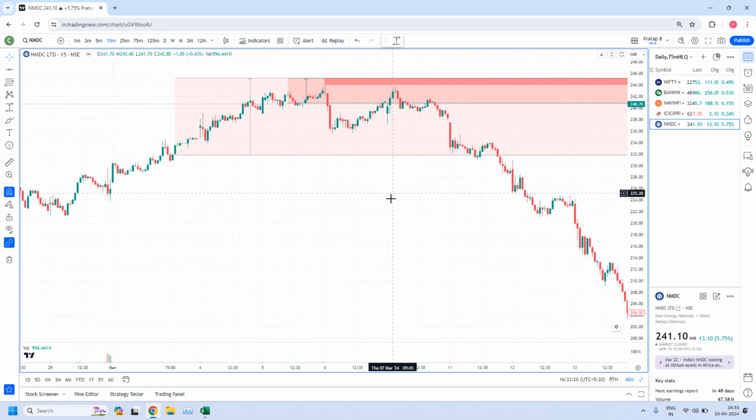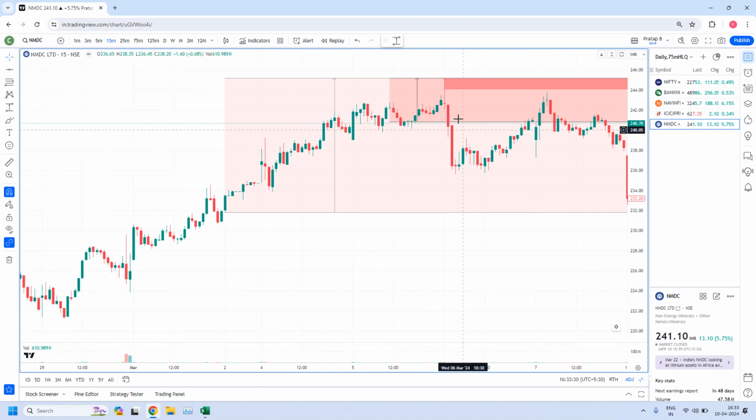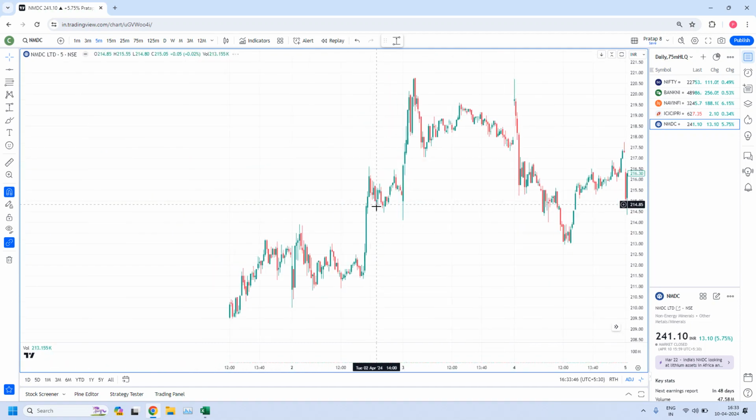Inside the daily zone, we have identified this 75 minute zone. And inside this 75 minutes, here we don't have a 15 minute zone. Here we have directly only a 5-minute zone. 15-minute zone is not here. That means we bypassed 15 minutes. But we bypassed 15 minutes and we identified a 5-minute zone.